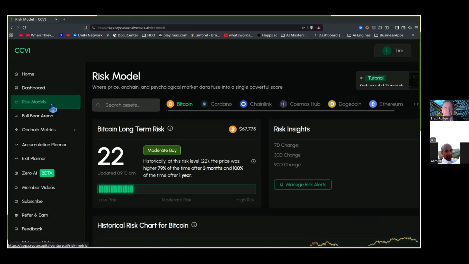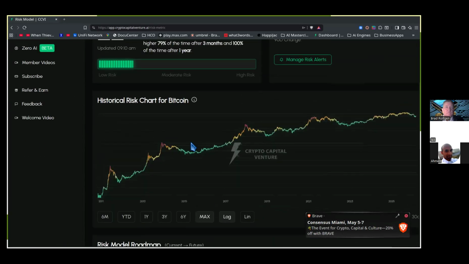And so you can go based off of risk models, which they take and they show in various spots.